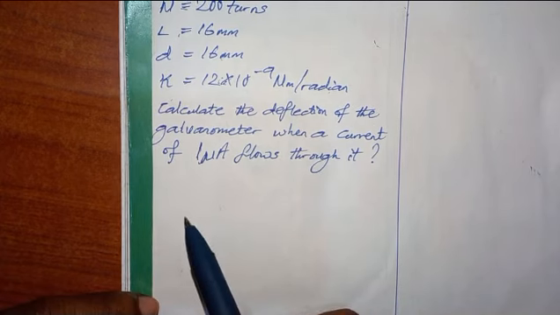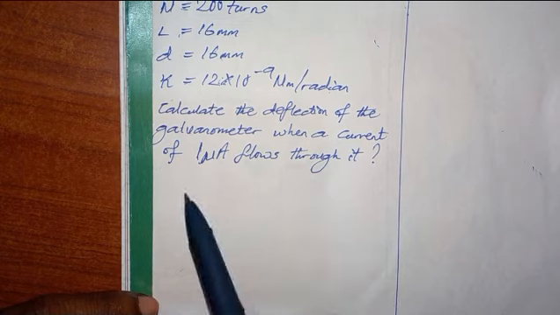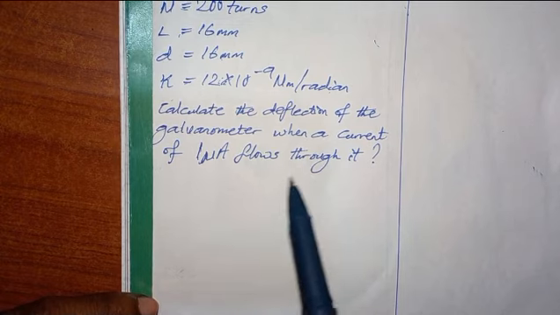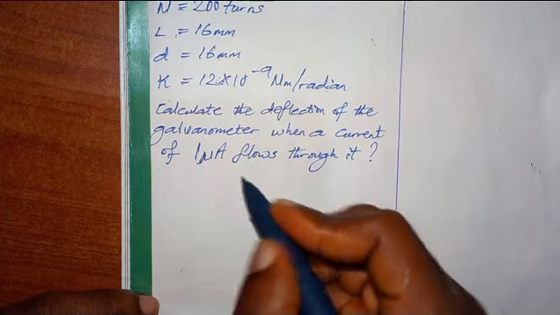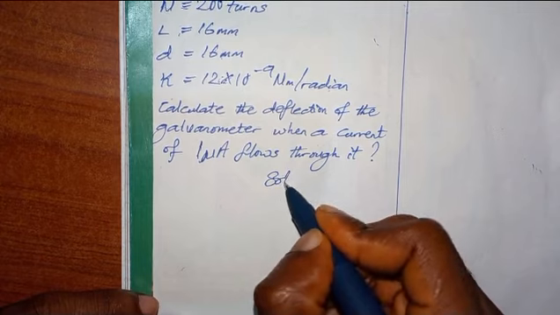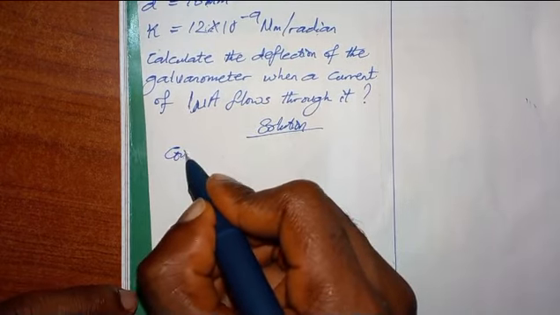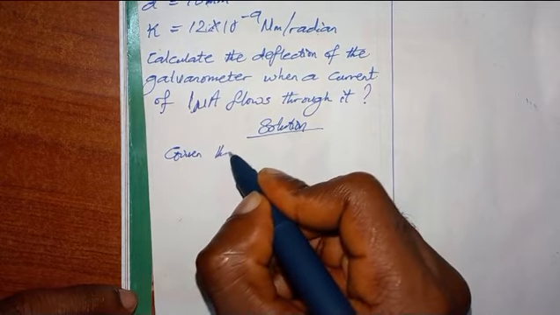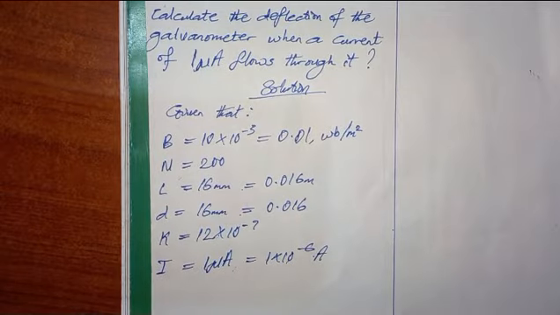The question says: calculate the deflection of the galvanometer when a current of 1 microamp flows through it. So here is the solution. Given that, these are the parameters being given.